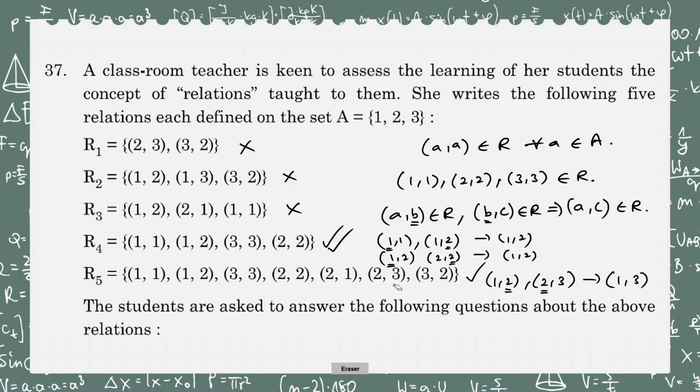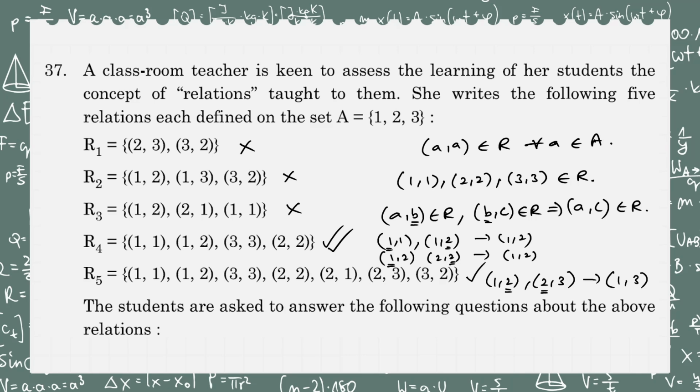If you take 2 comma 3 here, 3 comma 2 is also there. 2 comma 1, 1 comma 2, and all other entries are self-reflexive, right? So that means every entry has the mirrored ordered pair also.